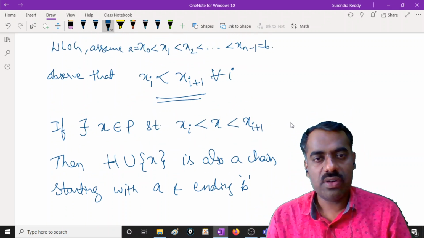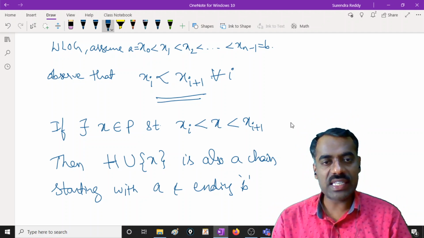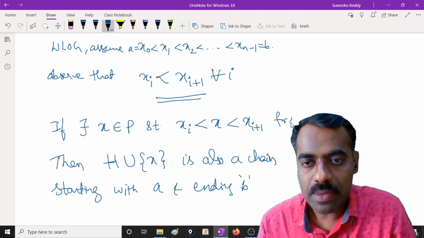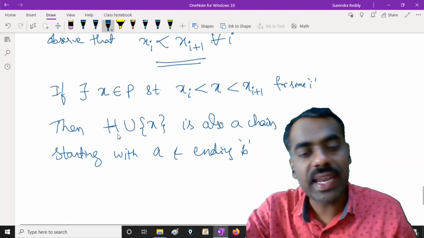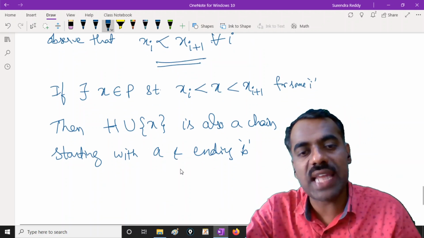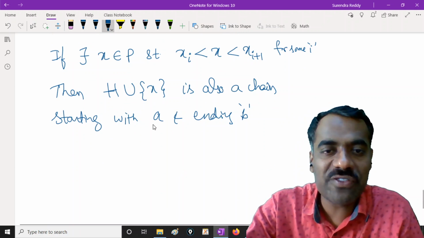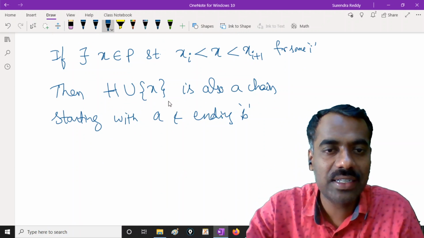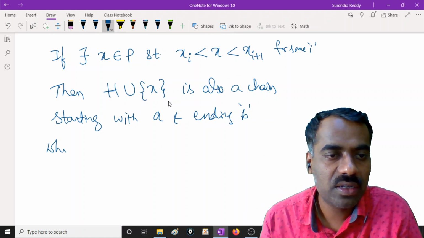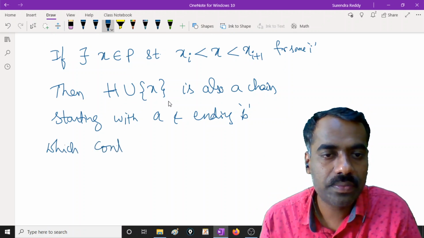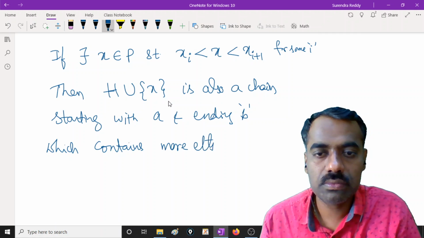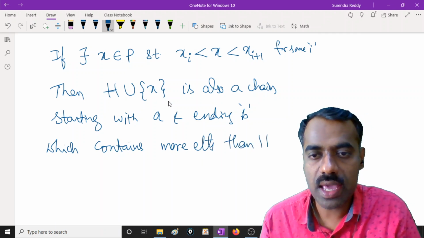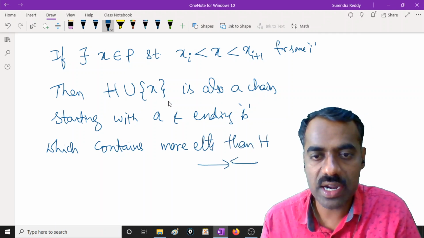So how are we proving it? If there exists such an x for some i, then we get that H union x is also a chain starting with A and ending with B, but definitely this has more elements than H, which is a contradiction.